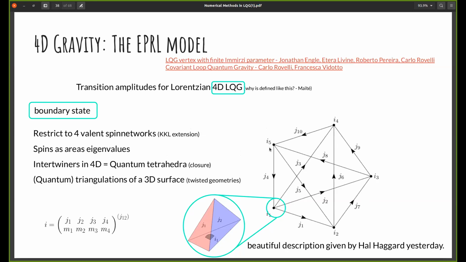And there are intertwiners at nodes. These intertwiners are now non-trivial. The intertwiner space is not one-dimensional anymore, as in the 3-dimensional case. So there's some richness in the structure of the nodes, and you need to tell me which intertwiner you pick.